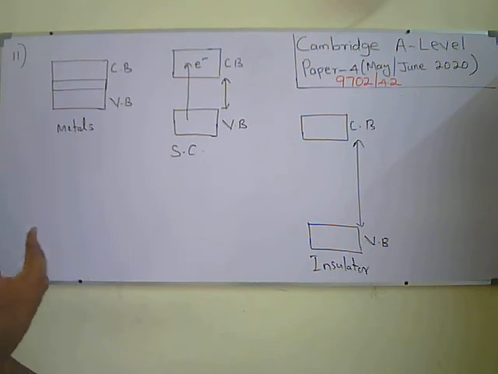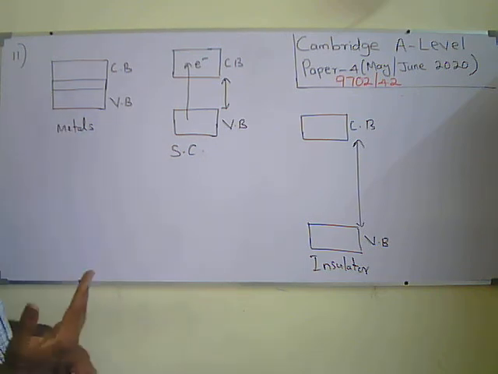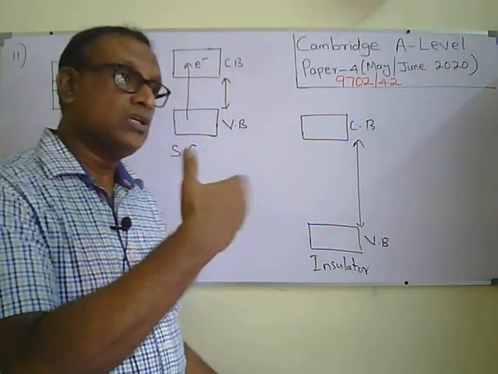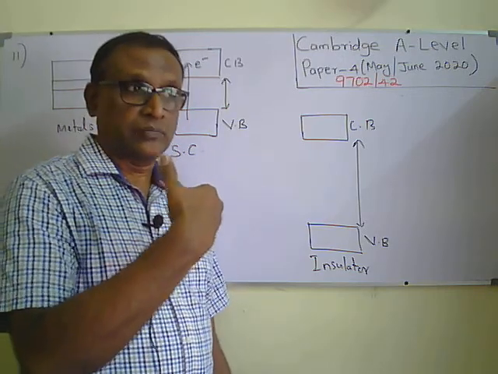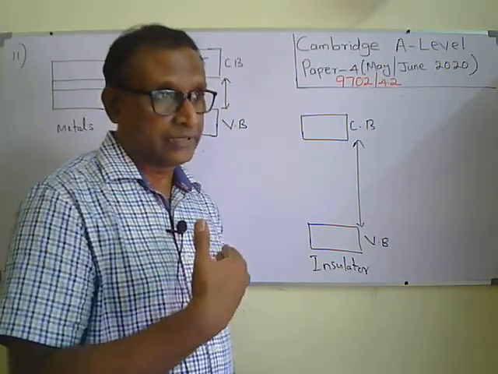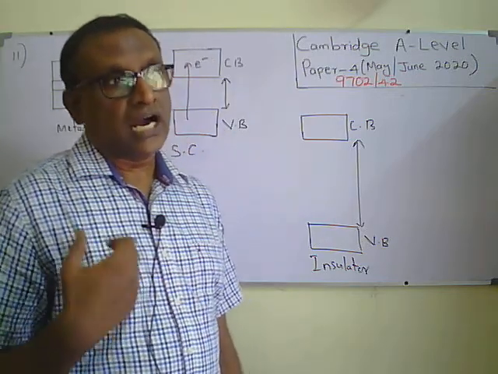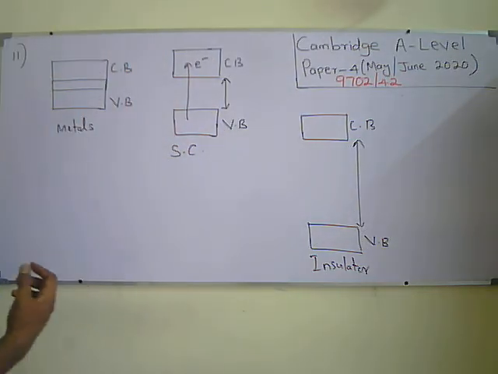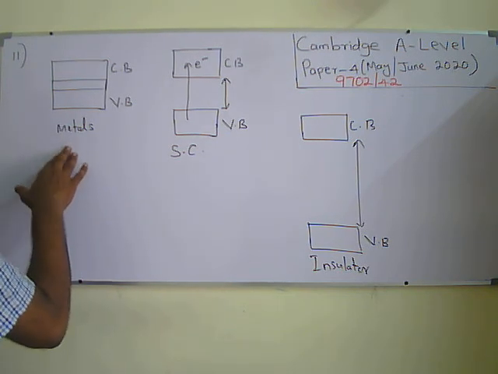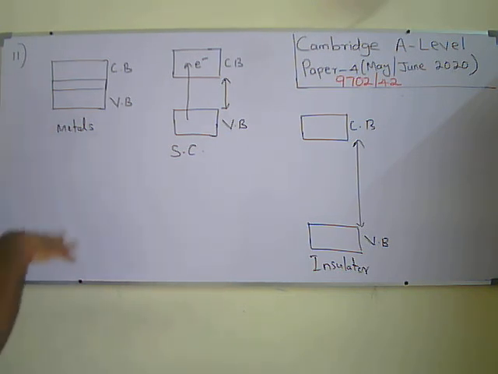The rate of flow of electrons will decrease when the temperature increases, due to atomic vibrations, or the planes of atoms vibrating. So the answer should be given like this. In metals, the valence band and conduction band overlap.